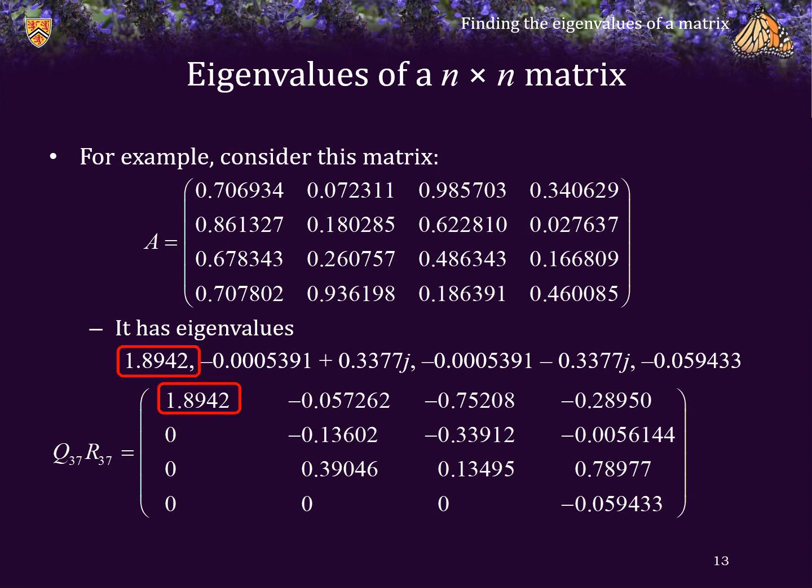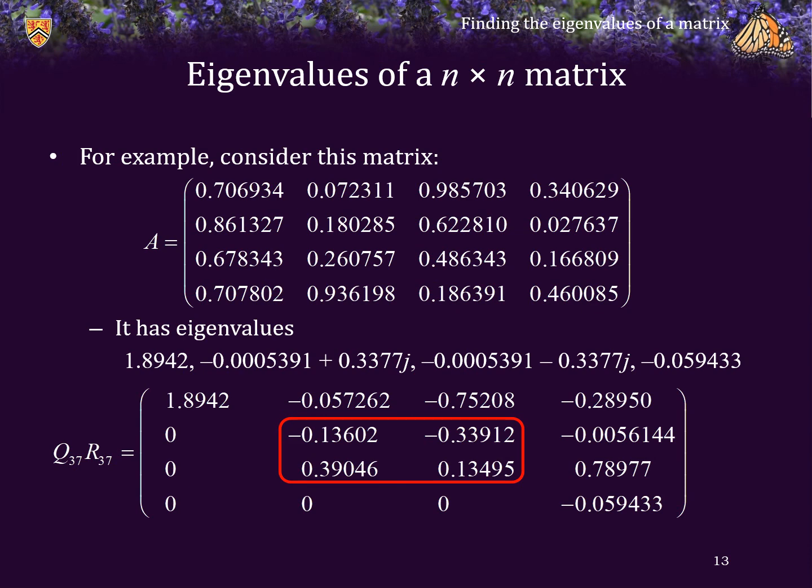Notice that one eigenvalue is there. The last eigenvalue is at that location. But what's left is a 2x2 matrix here in the center. Now, this 2x2 matrix happens to have 2 eigenvalues, specifically a complex conjugate pair of eigenvalues.